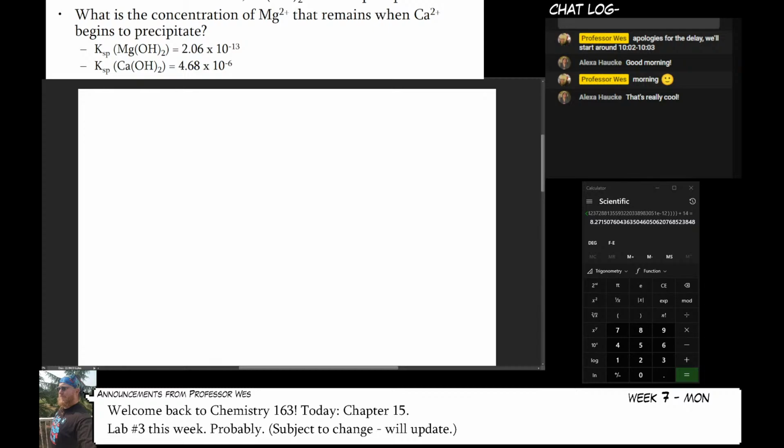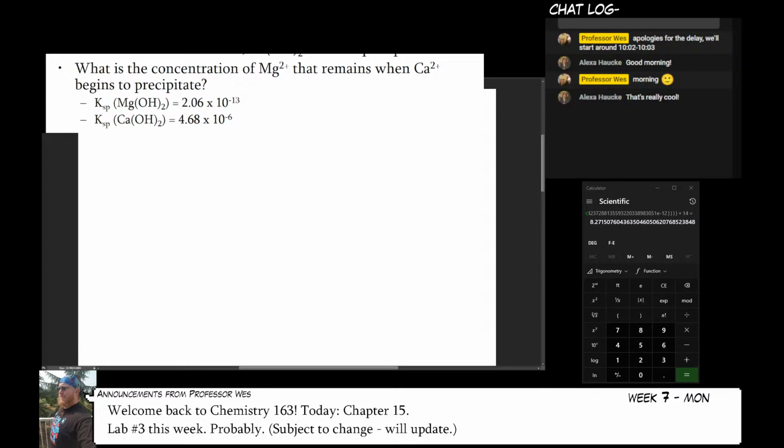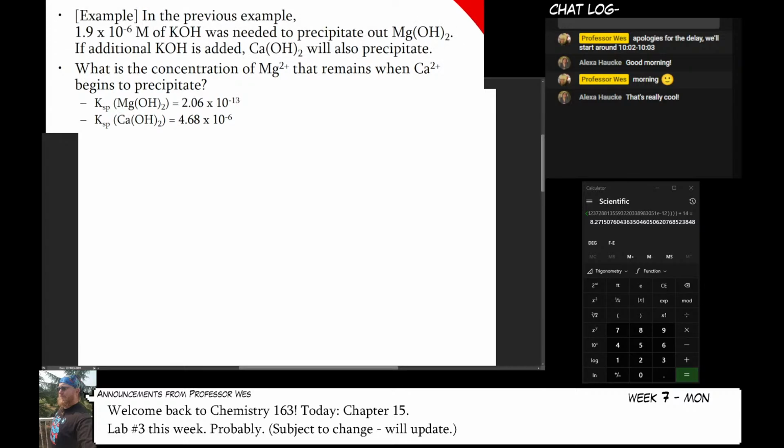So we would do the exact same thing first off. So I know that calcium's concentration is... I don't know what the calcium concentration is. Is that written in here? No, we need to go back to the previous problem, which I'm going to get right here if I can find it. Where is it?